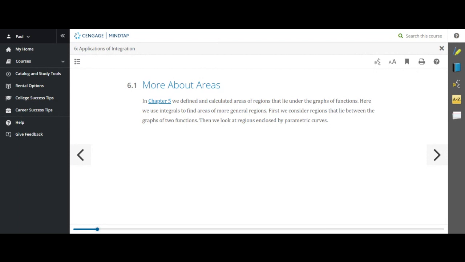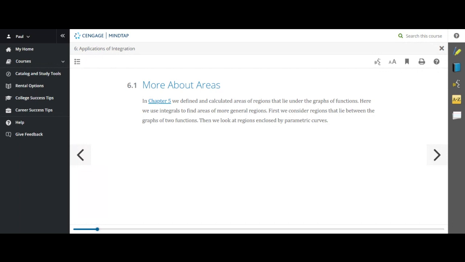You've learned a lot about how to integrate functions, and given that knowledge, we can in chapter 6 focus on some applications now that we have the tools to handle them. Chapter 6 is entirely about applications of integration, and section 6.1 deals with areas.